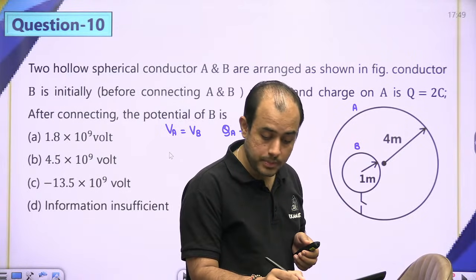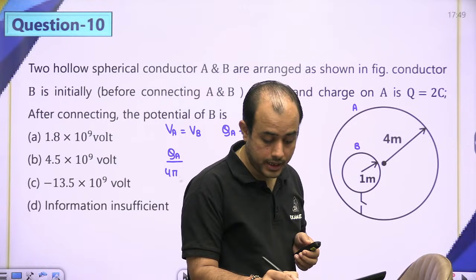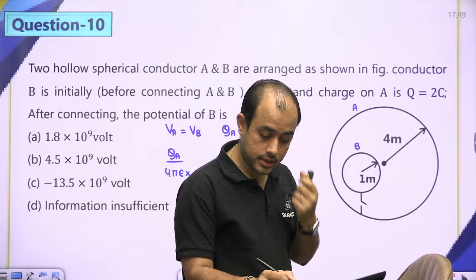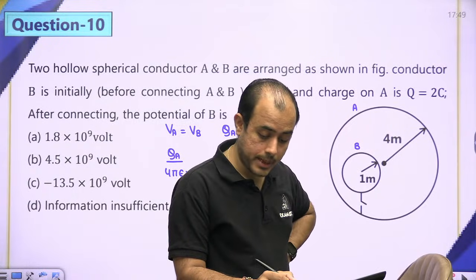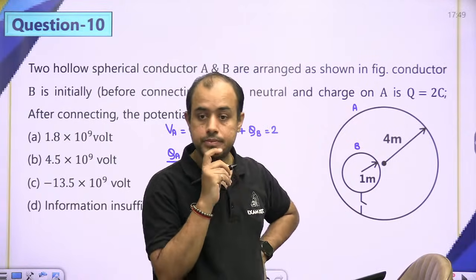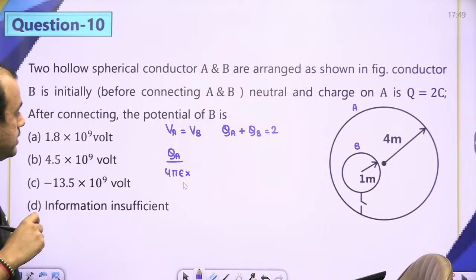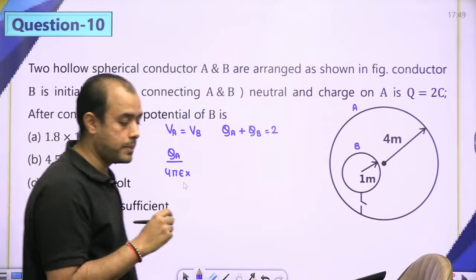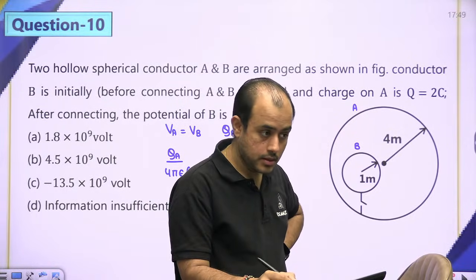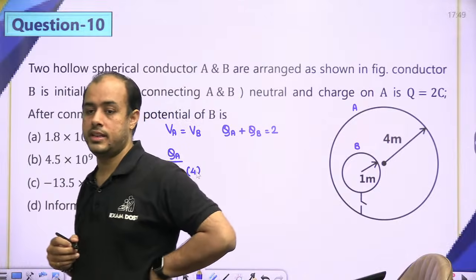So what is VB? QA by 4 pi epsilon into radius, plus QB. If you find VA, then because of QA you will take its own radius. But what about QB?